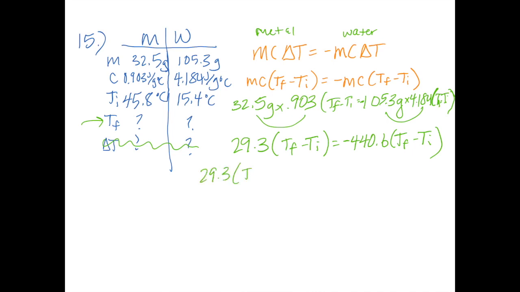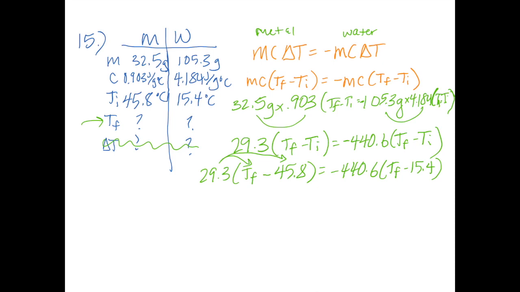So I have 29.3 (TF minus 45.8) equals negative 440.6 (TF minus 15.4). Okay, I need to distribute this value into my parentheses.